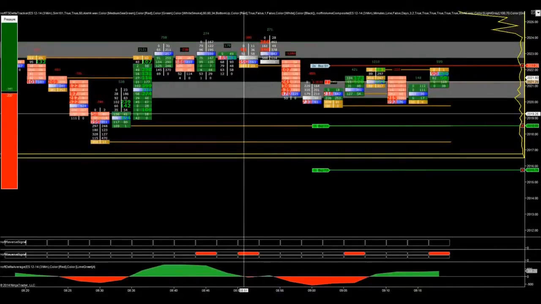So it's not price based, it's actually based on actual volume information within the tape, and then it's plotted on the chart automatically. So you can see that the top zone there acted as resistance, and we came down into this second zone, and I thought we were going to get through it, but you'll see in a moment that we didn't, and then I move on to the next trade.